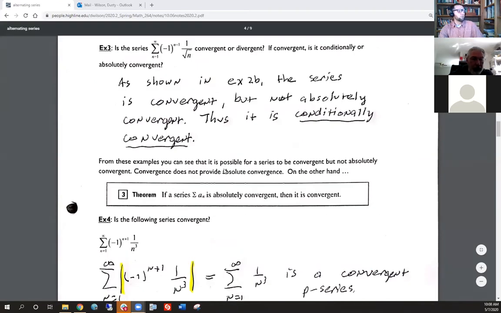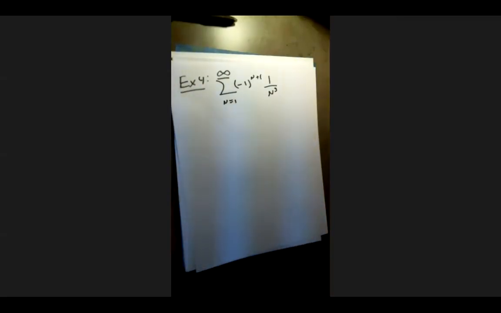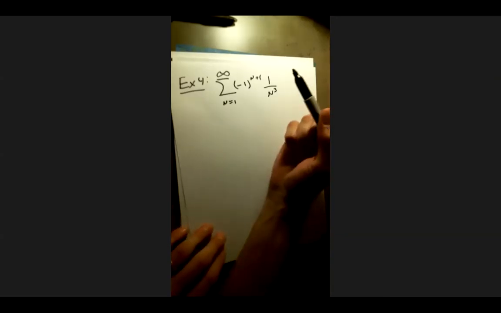So let's look at example 4. We can do this using our DocCam. We want to know, is this series convergent or divergent? And if it's convergent, is it conditionally or absolutely convergent?